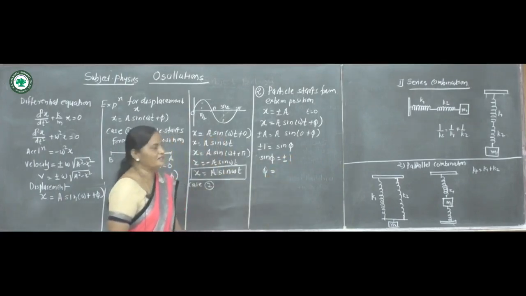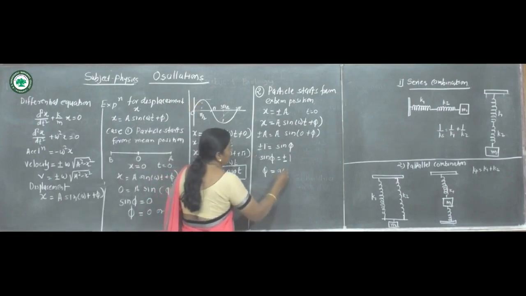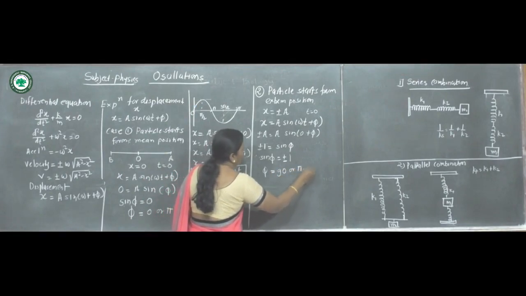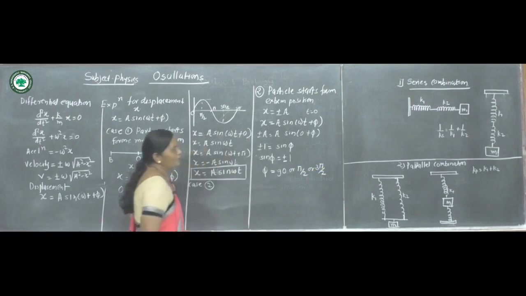Phi is equal to, now see here, sin 90 is equal to 1, that is phi is equal to 90, or pi by 2, or 3 pi by 2.